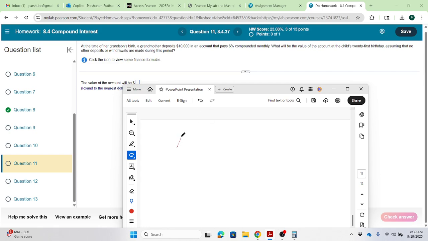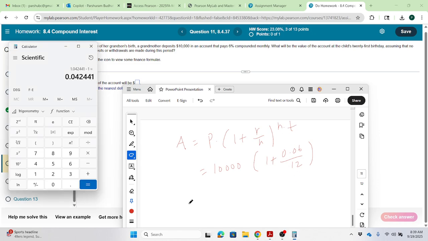We know A equals P times (1 plus r over n) to the power n times t. In this case, the original principal is $10,000. The interest rate is 6%, compounded monthly, so n equals 12, and for the 21st birthday, it's 21 years times 12, that's n times t. 21 times 12 is 252 months. So what is the value here?